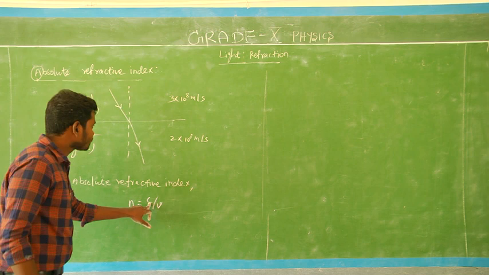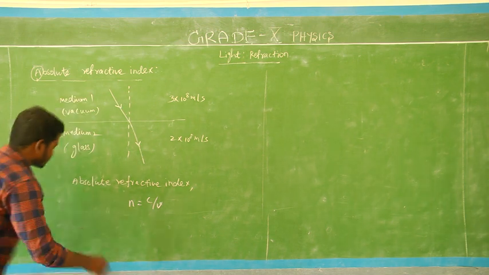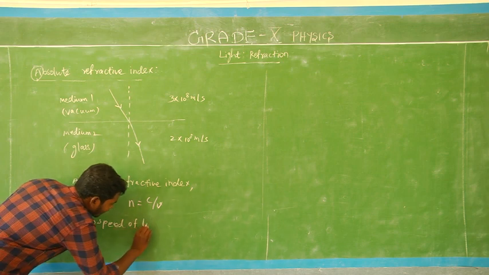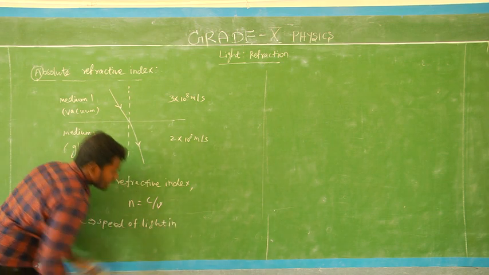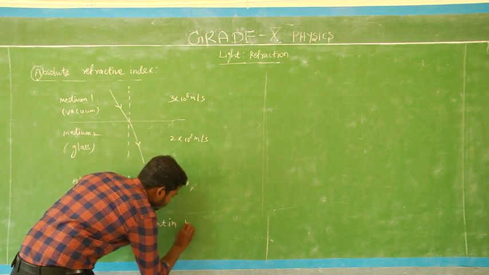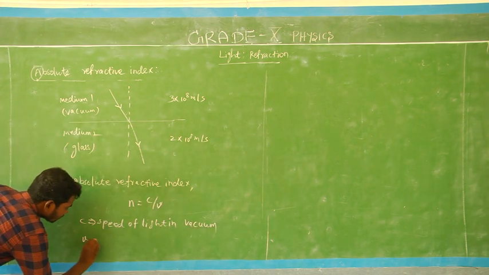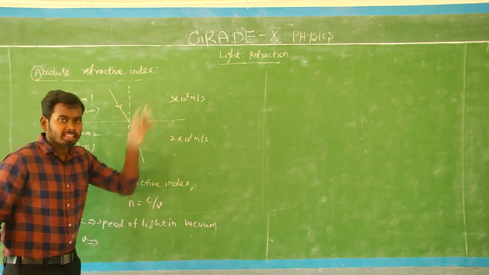What is C? C means the speed of light in vacuum. And small v, what is small v? The speed of light in that medium, any medium.